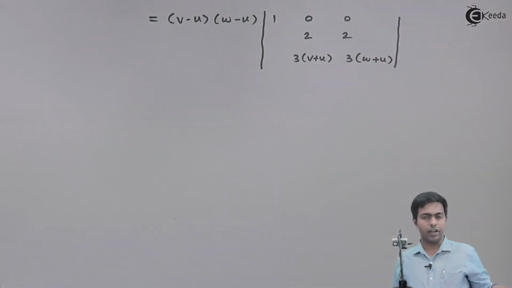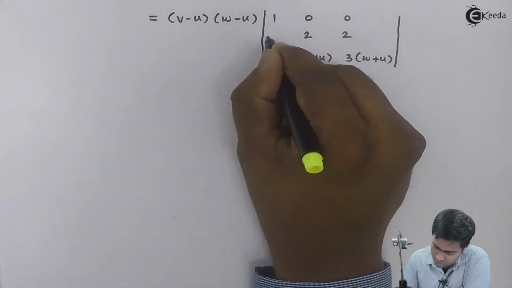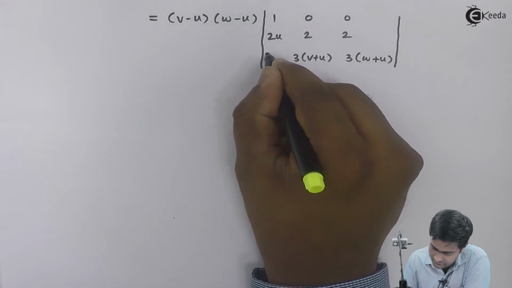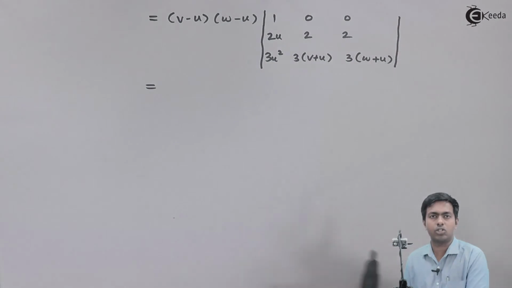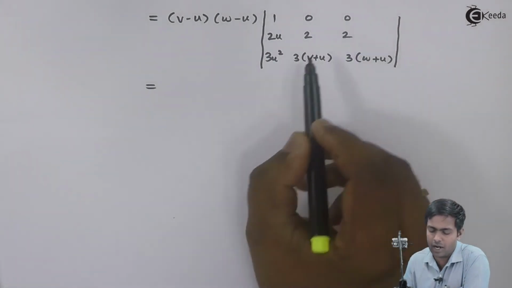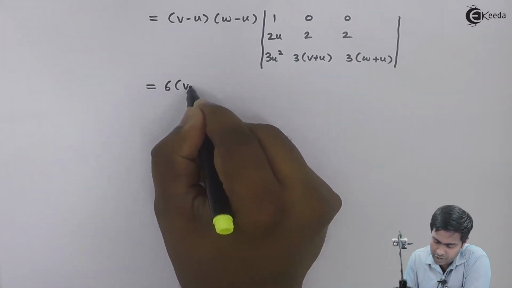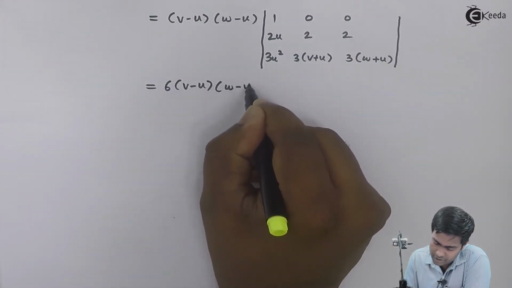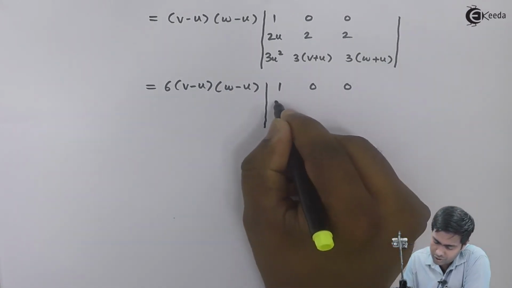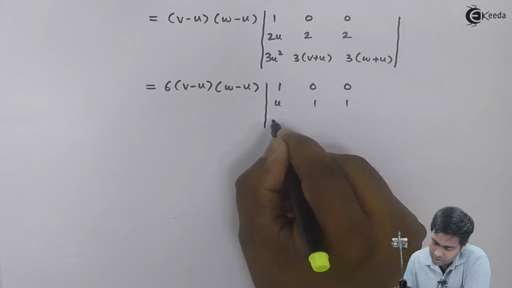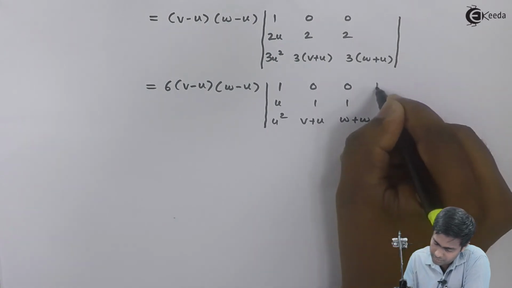Now similarly, the first column will remain as it is, so it is 2u and 3u square. Now we can also take 2 common from the second row and 3 common from the third row. So 2 3s are 6, we'll get 6 times v minus u, w minus u, inside the determinant 1 0 0, u 1 1, u square, v plus u and w plus u.